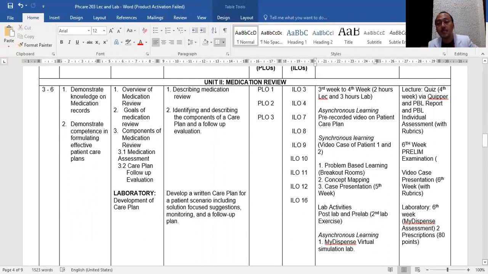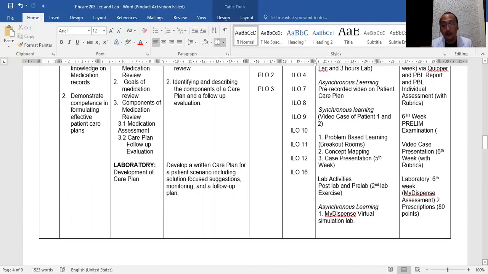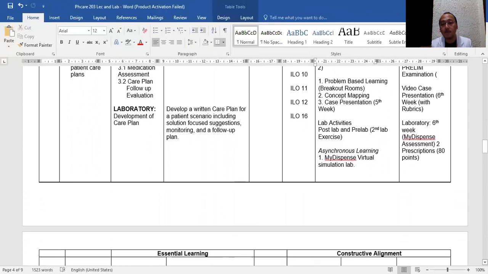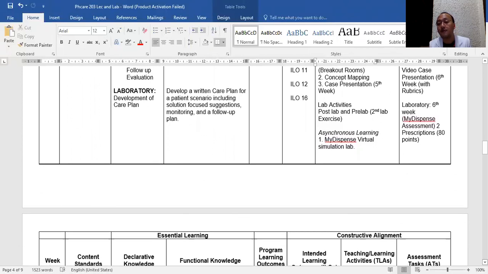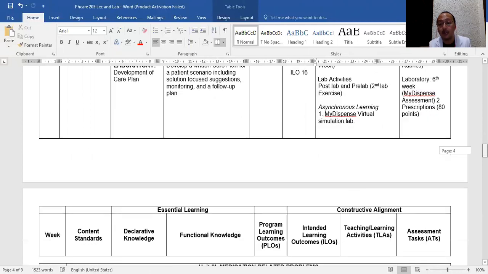In the 6th week, there will be a prelim examination. And then, of course, there will be a laboratory on weeks number 3, 4, and 5. Week number 6 is really on the examination, which will be the prelim examination.